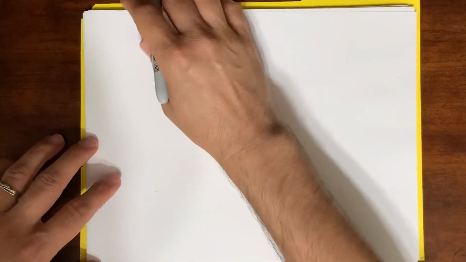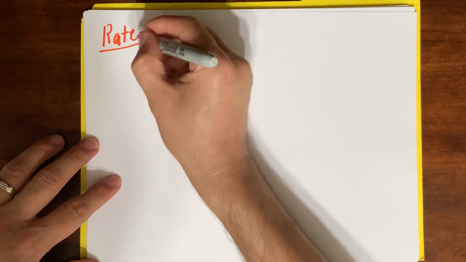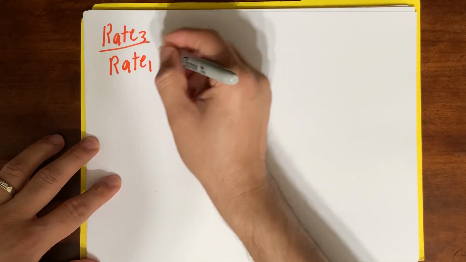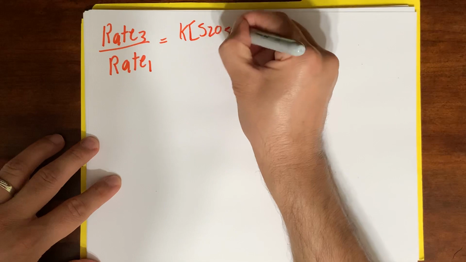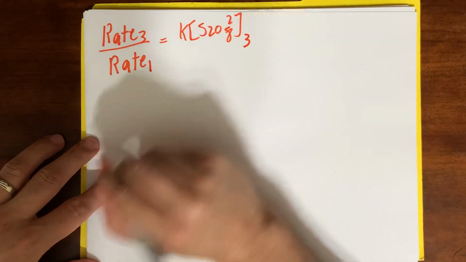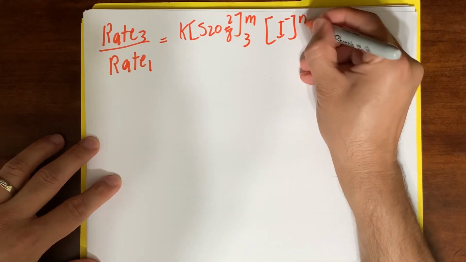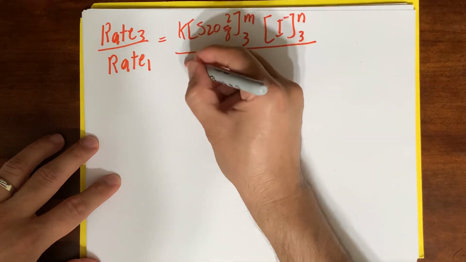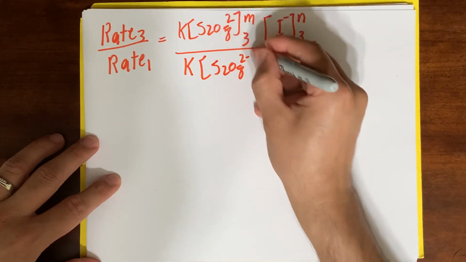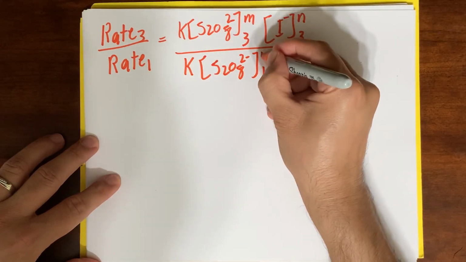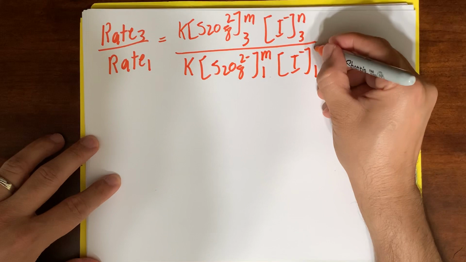I want to find n, so I go with rate of third experiment divided by rate of first experiment is going to be equal to k multiplied by S2O8 from the third experiment to the power of m, iodide to the power of n from the third experiment, divided by k S2O8 minus 2 from the first experiment to the power of m, iodide from the first experiment to the power of n.